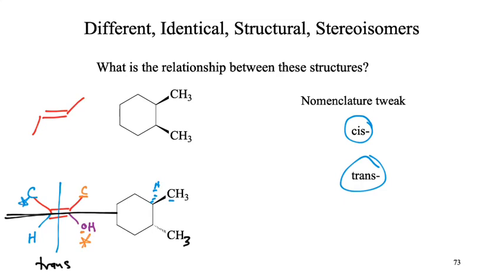Which has the higher priority? Carbon. Now I go to the other half. Carbon versus hydrogen. Carbon. Okay. Now where are those? They're on opposite sides. One being down, one being up, which makes that one trans. The top one, cis.